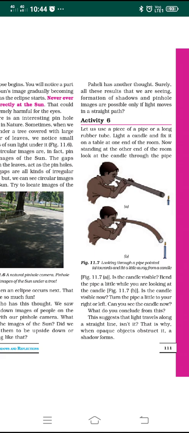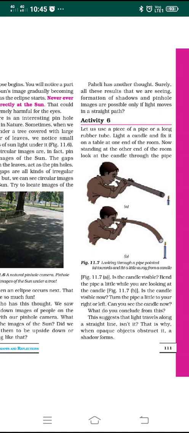Whenever an opaque object is held in the path of the light falling from the sun to the earth, the object obstructs it, stops it, and that leads to the formation of shadows. In figure 11.7a, the pipe is straight, hence we are able to see the candle through the pipe, whereas in 11.7b, where the pipe is bent, we are unable to see the candle.